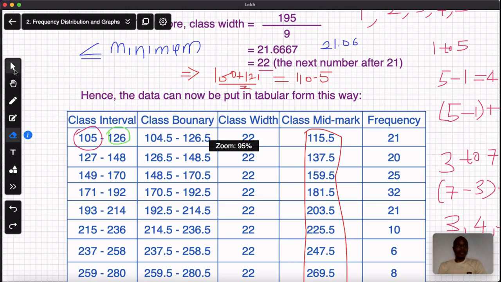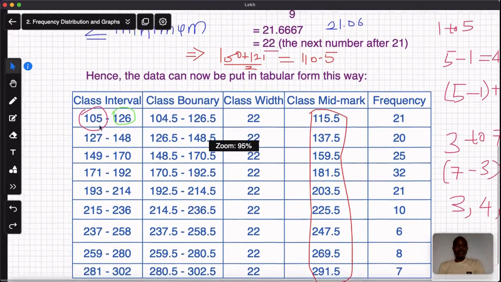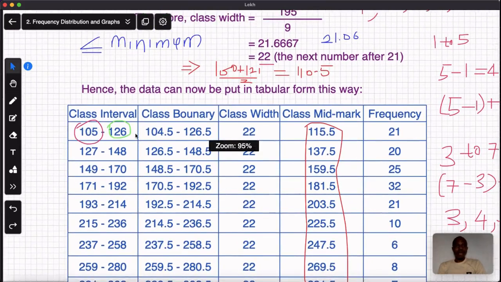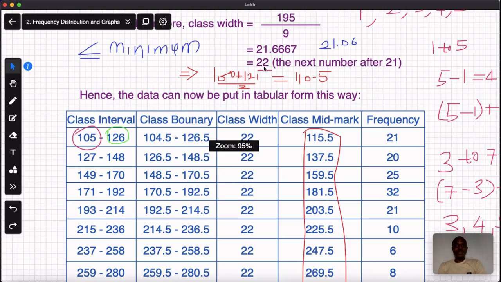Now you can start from 105 here and then add 21 rather than 22. If you add 21 to 105, you are going to have a class width of 22. When you do 126 minus 105 plus 1, that will give you 22 actually.